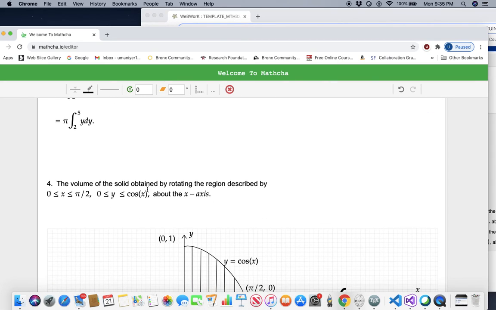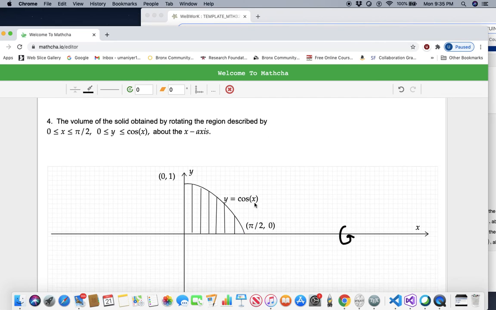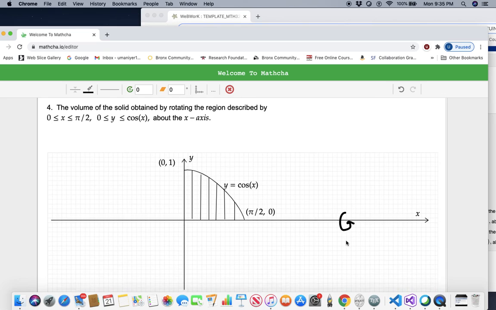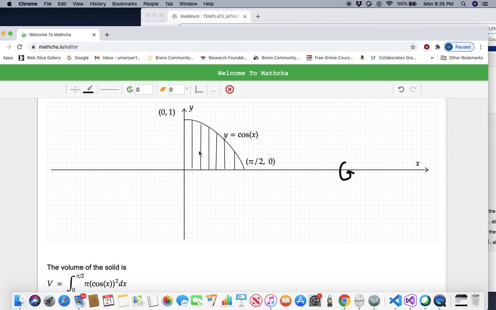The last solid is here. Here is the description. You are going to take x between 0 and pi by 2, y between 0 and cosine x, and you want to rotate that region about the x-axis. You have cross sections that are vertical and you're integrating from 0 to pi by 2.